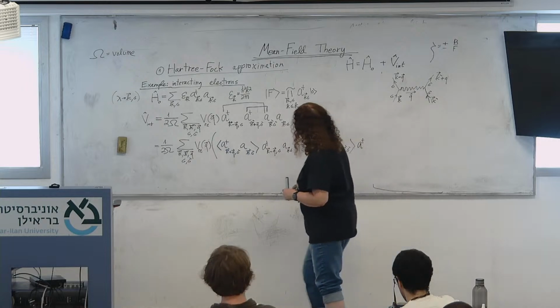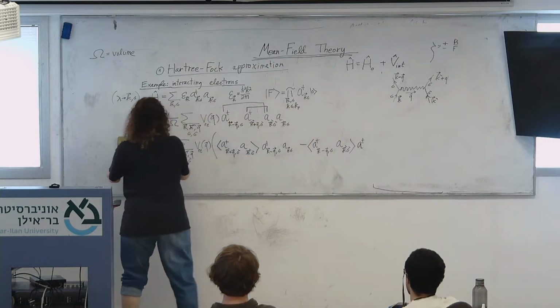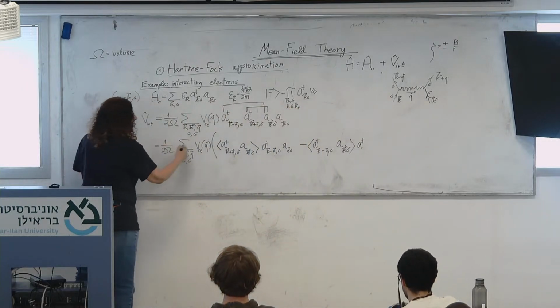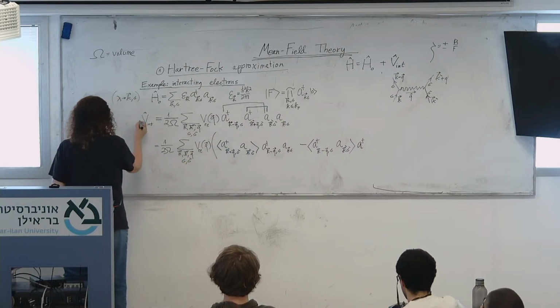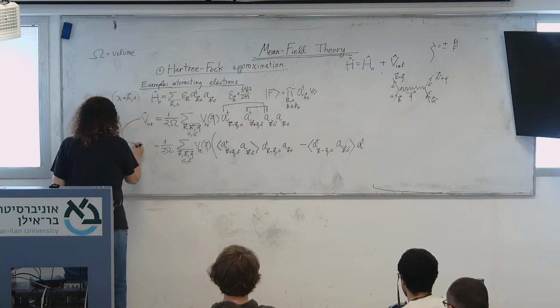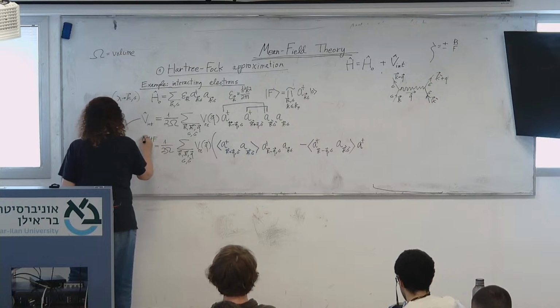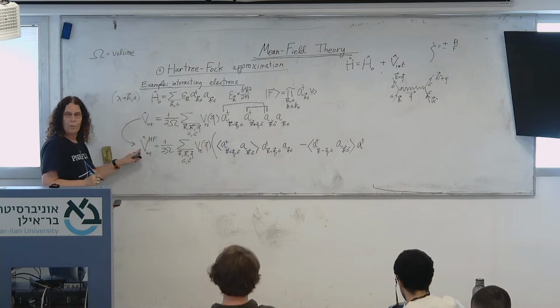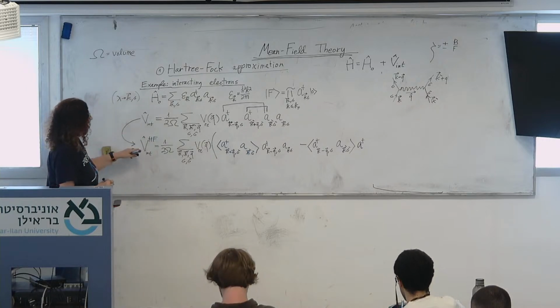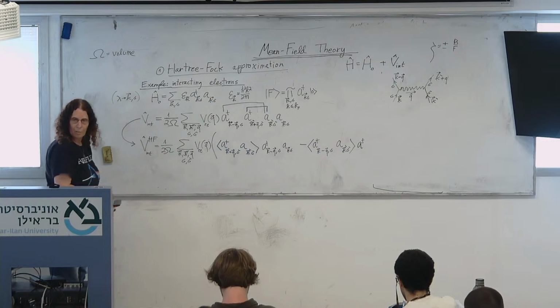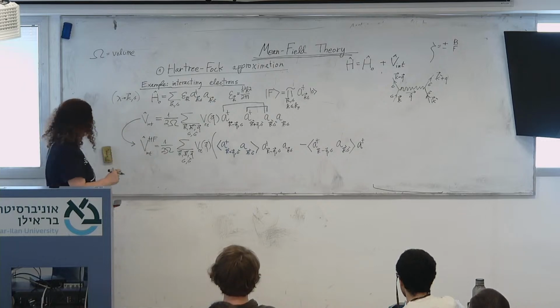Sorry, I'm forgetting that what I'm writing now is already an approximation. So this is not the interaction, it's the Hartree-Fock approximation of this, which is this plus some constant. Keep in mind there is a constant.